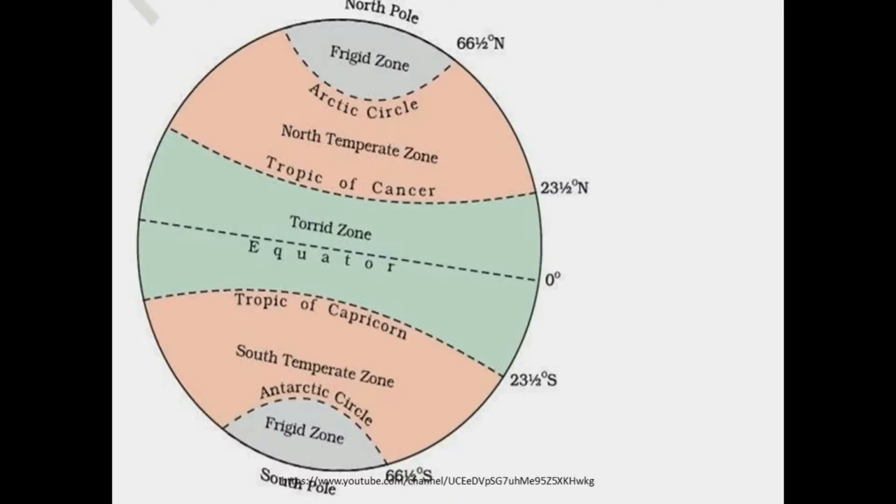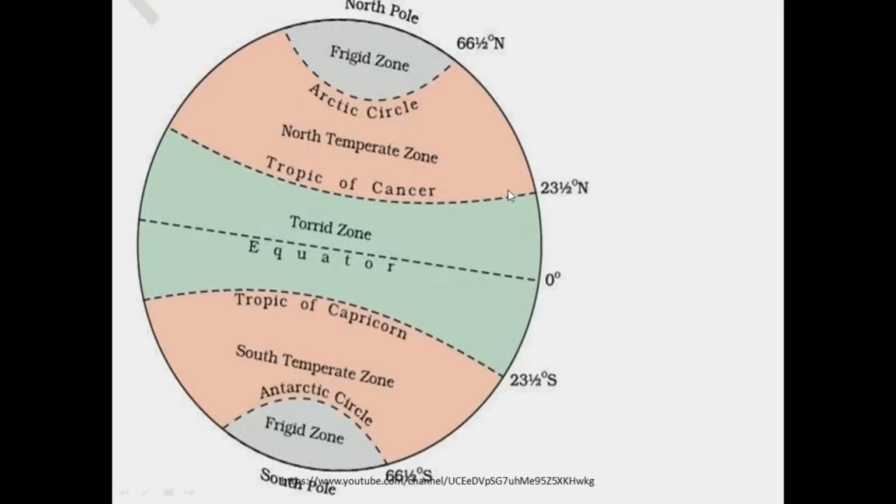Next, based on latitudes, we can't remember all the latitudes, but these are the famous ones. Starting from the equator, the largest circle, the largest latitude, is the equator at 0 degrees. Thereafter, from this 0 degrees, 23 and a half degrees northwards is the Tropic of Cancer, and 23 and a half degrees southwards is the Tropic of Capricorn.